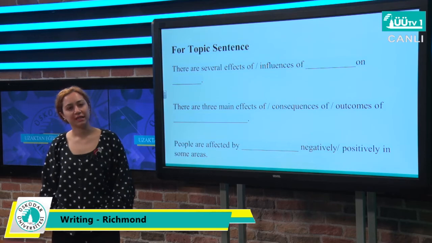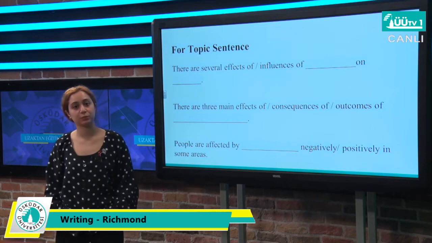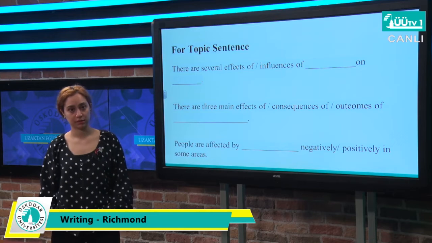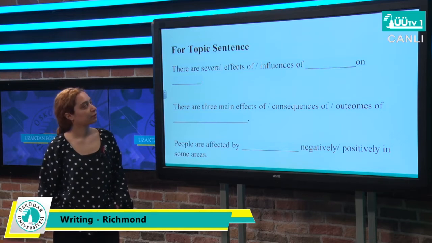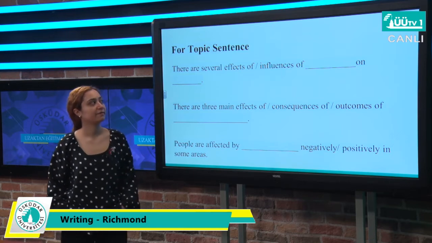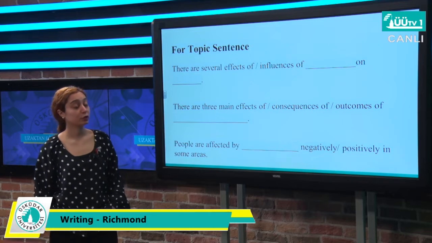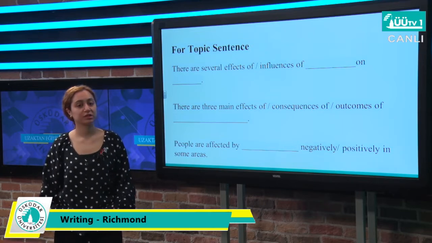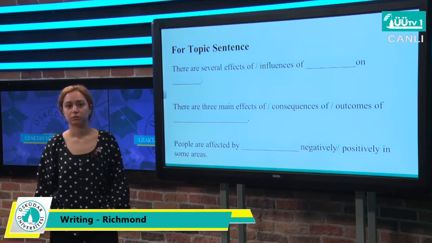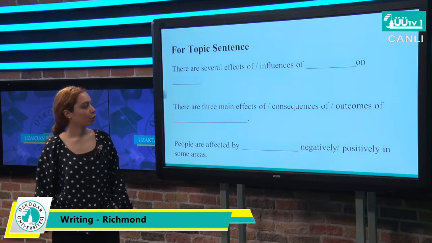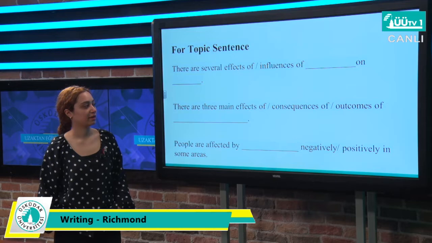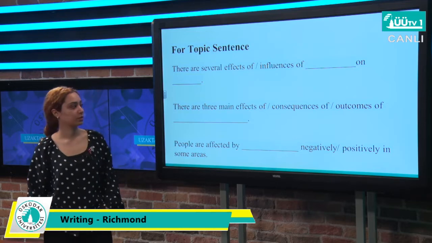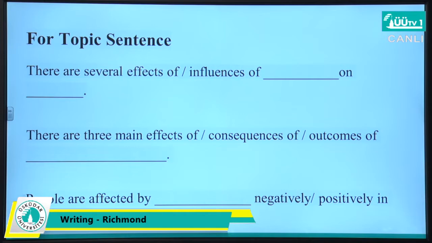But if we are writing specifically about effect paragraph, we can use some sample sentences. We can use, for example, there are several effects or influences of something, for example, social media on teens. Or we can say there are 3 main effects of, or consequences of, or outcomes of something, let's say fast food.